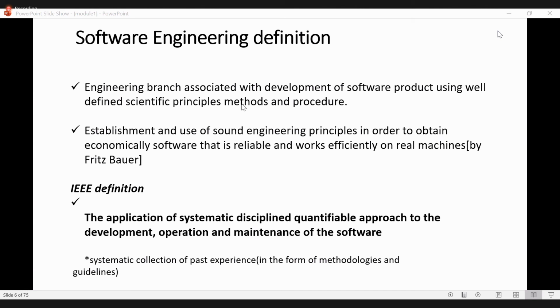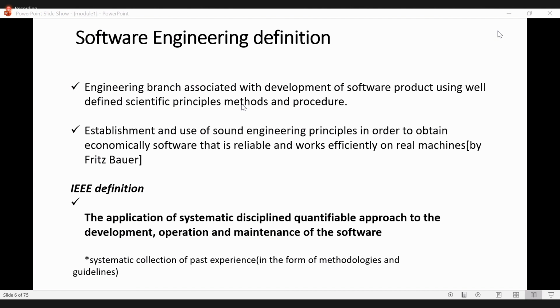It contains all the concepts in a very simple way. But the IEEE definition is the application of scientific disciplines, a quantifiable approach to the development, operation, and maintenance. So this is the exact definition which you should write in the examination.